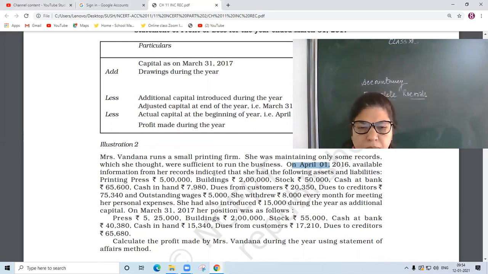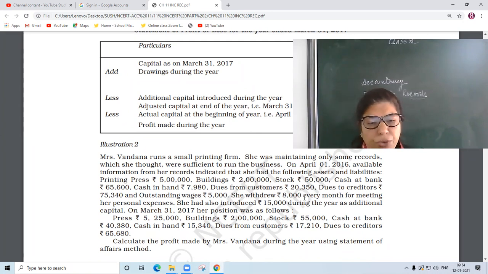Printing press, asset. Building, asset. Stock, asset. Cash at bank, asset. Cash in hand, asset. Due from customers, asset. Due to creditors, liabilities. Outstanding wages, liabilities.